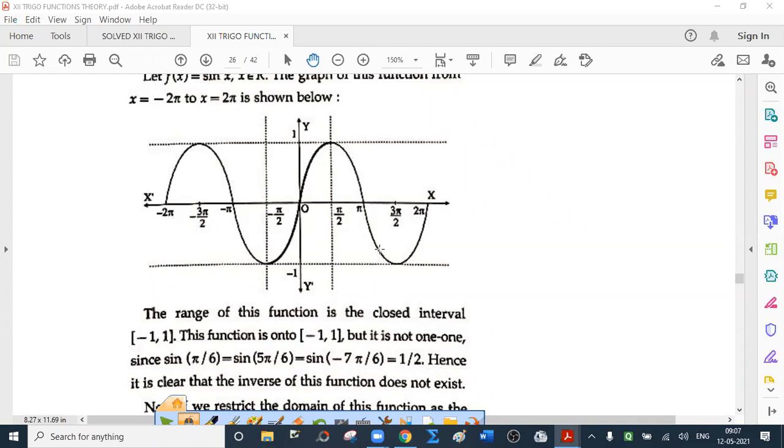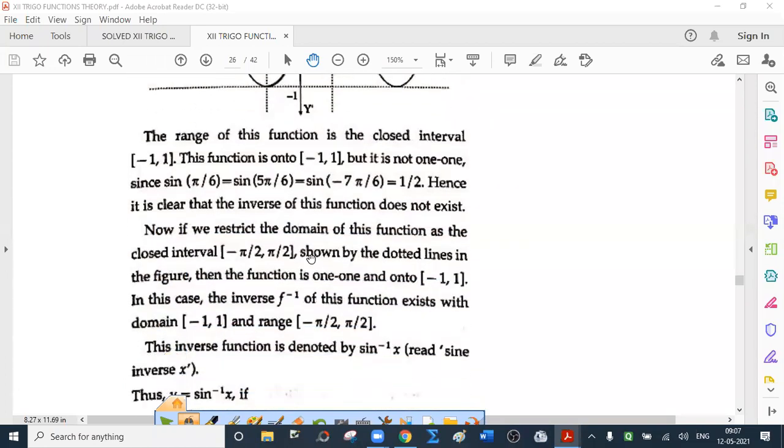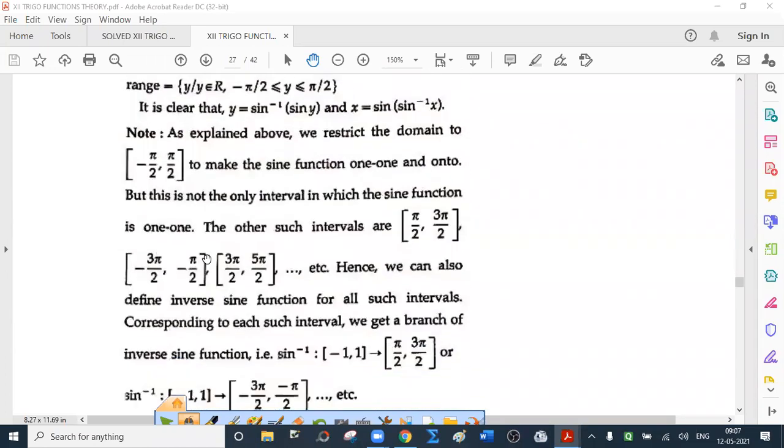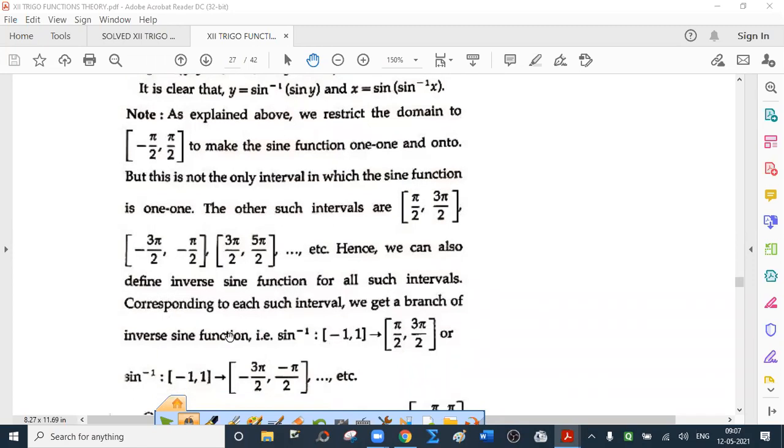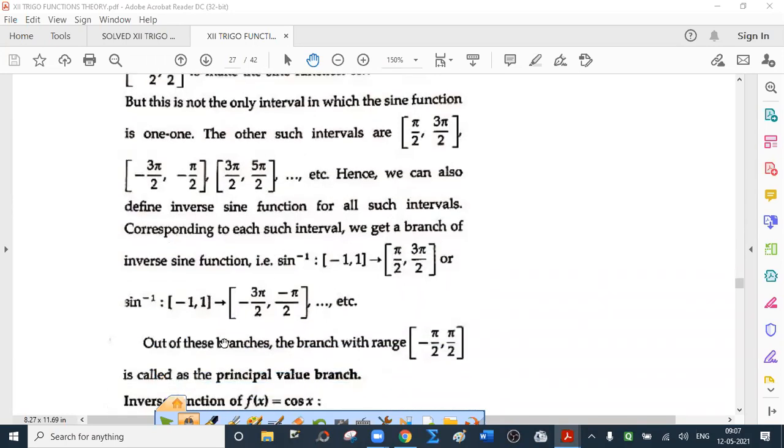No two angles have the same sine ratio if I consider pi by 2 to 3 pi by 2. Is that clear? Or even minus 3 pi by 2 to minus pi by 2, 3 pi by 2 to 5 pi by 2, etc. Hence, we can also define the inverse sine function for all such intervals. Corresponding to each such interval, we get a branch of the inverse sine function, that is sine inverse from minus 1, 1 to pi by 2 to 3 pi by 2 and so on.